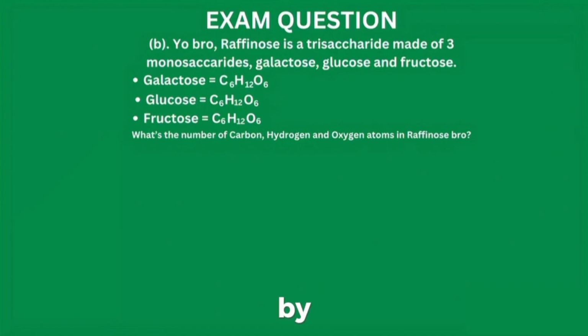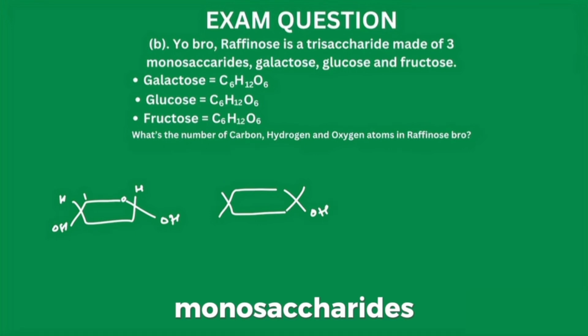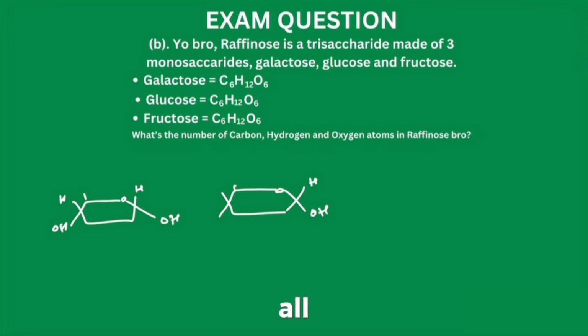So I'm going to start by drawing these out. I'm going to assume they are all the same structure, because it hasn't told me otherwise. I've drawn them out because I've memorized the structure of the monosaccharide, as I've told you to do. I've drawn out these monosaccharides and put in all the relevant chemical groups and atoms.